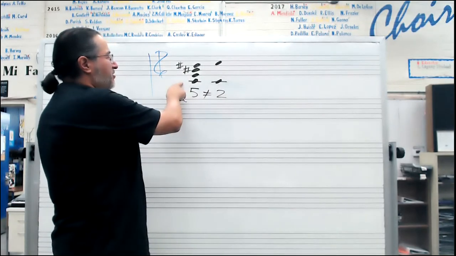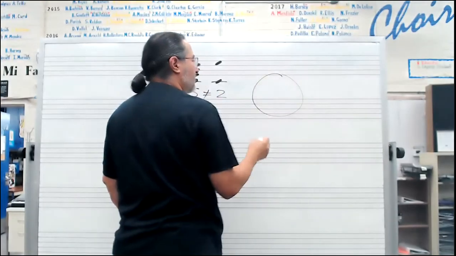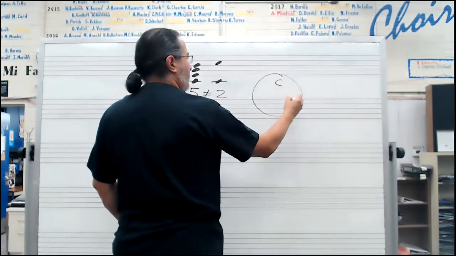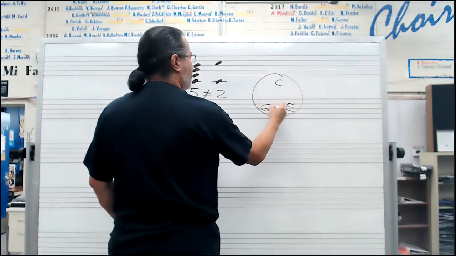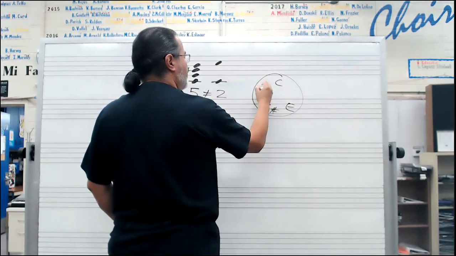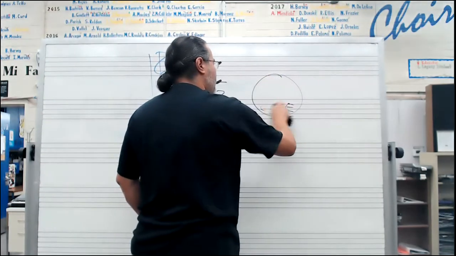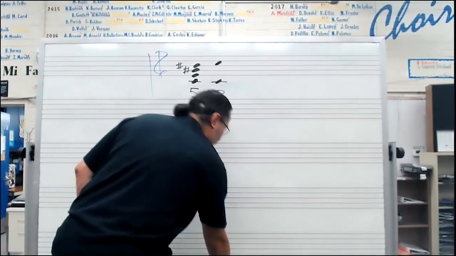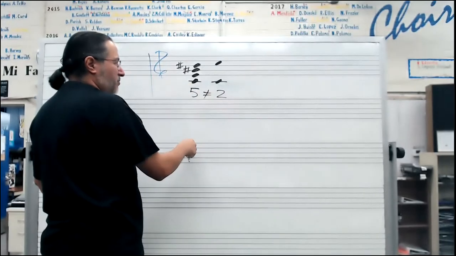And these are cyclic too, because if I can have a circle of fifths, can I have a circle of thirds? Well, let's see, C to E to G sharp, to B sharp. Well, that would be the same thing, but it's not. So I got to do some things to be able to get it to be cyclic and to come around to the same tuning, because 5 does not equal 2, right?